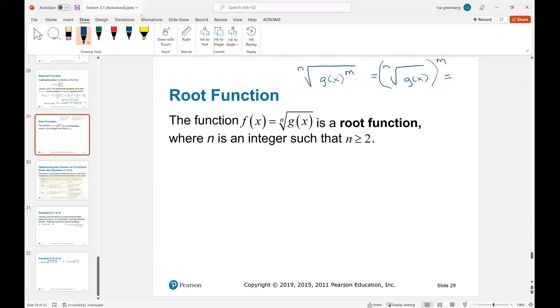Or you can say this is the same as g of x to the m over n power.